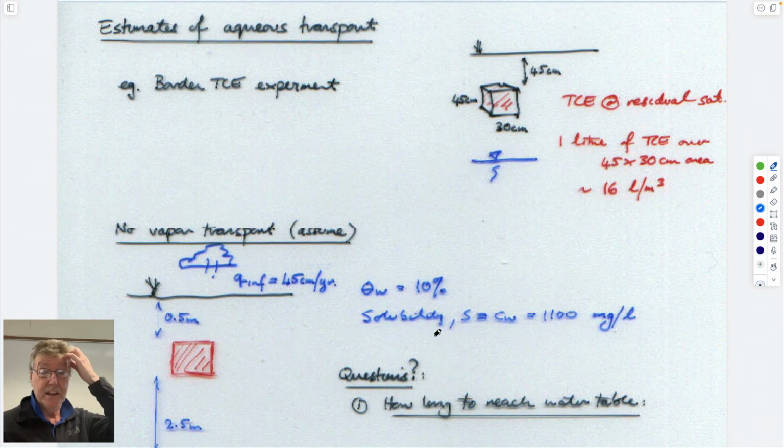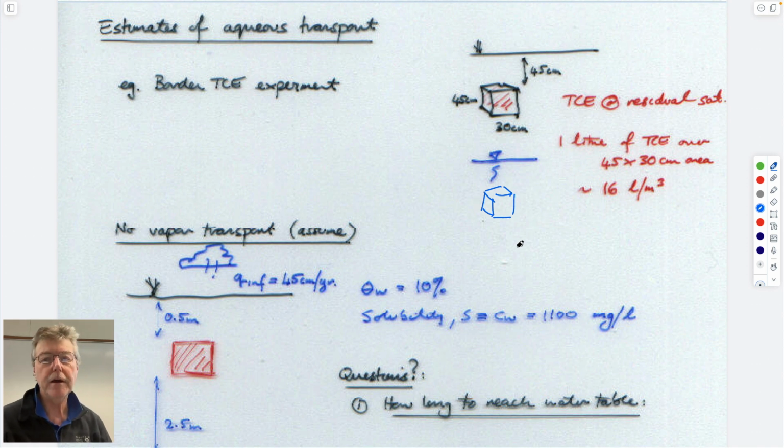Again from Borden. They actually did this experiment. So you saw the one in the saturated zone. What they did was go into the saturated zone, dig a hole, put in a little packet that was replaced sand, that was carbon tetrachloride, sodium chloride, PCE, can't remember what the other compound was.